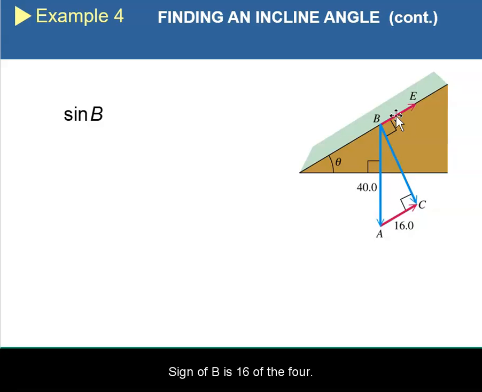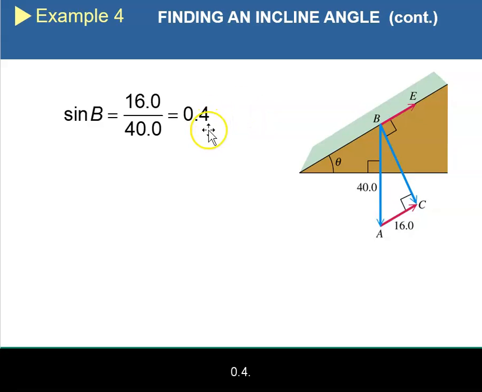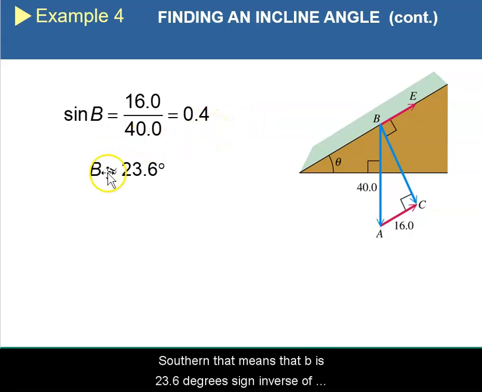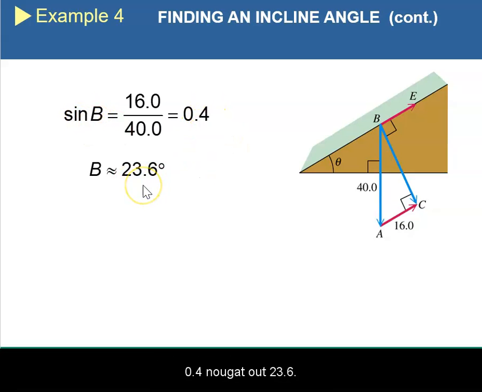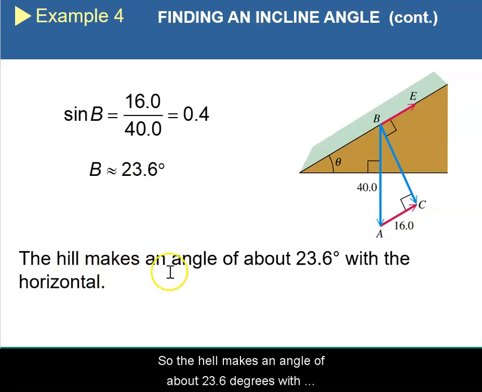Sine of B is 16 over 40, which is 0.4. So then that means that B is 23.6 degrees. You would just use sine inverse of 0.4 and you'll get out 23.6. So the hill makes an angle of about 23.6 degrees with the horizontal.